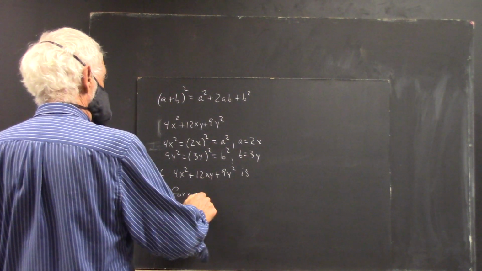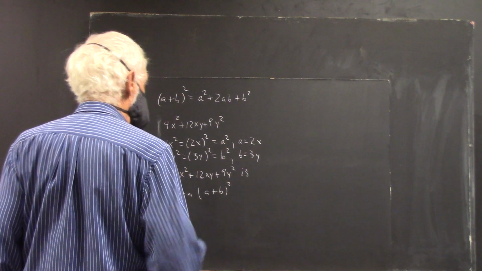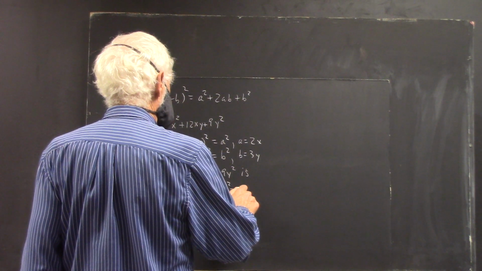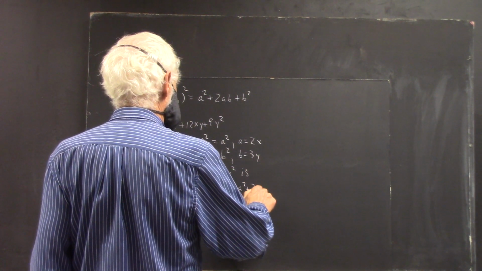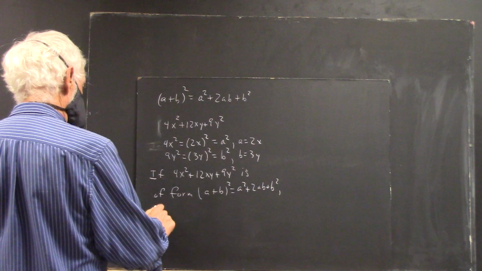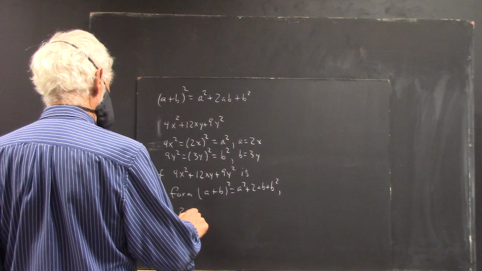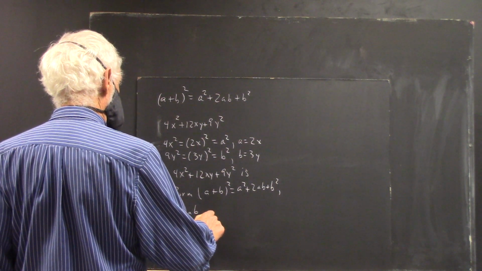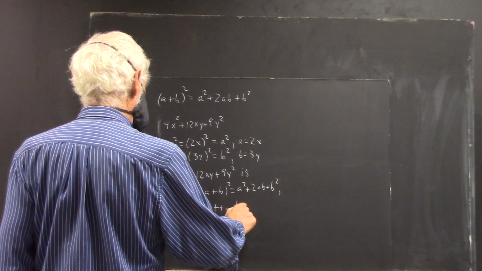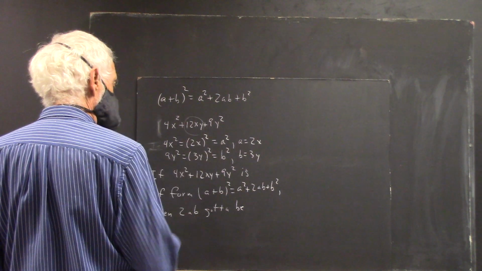If this thing is of the form a plus b squared, which again is hard to write out, a squared plus 2ab plus b squared, then 2ab has got to be this 12xy.